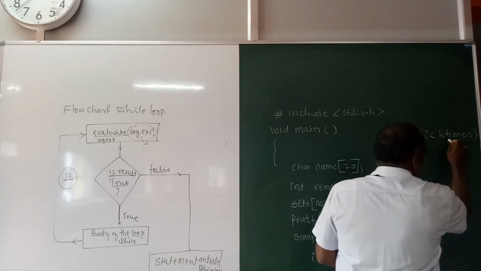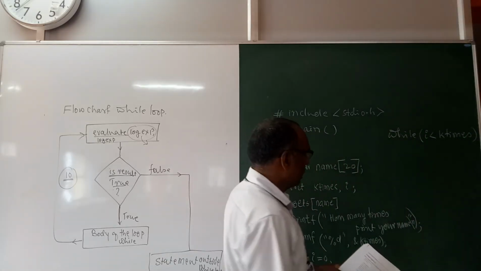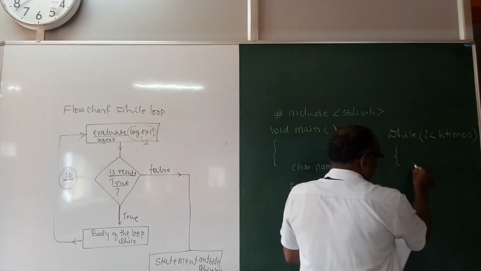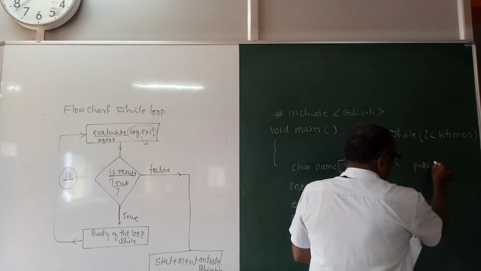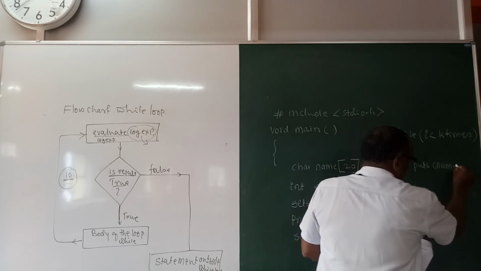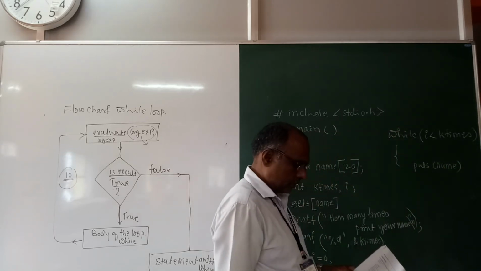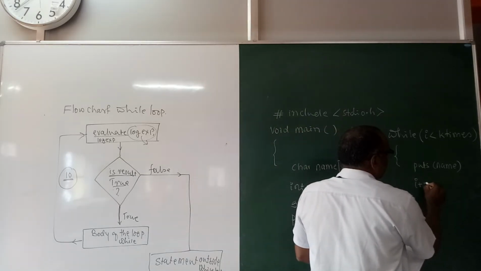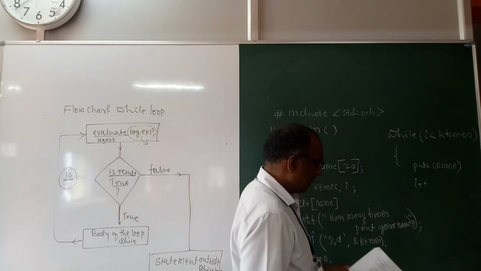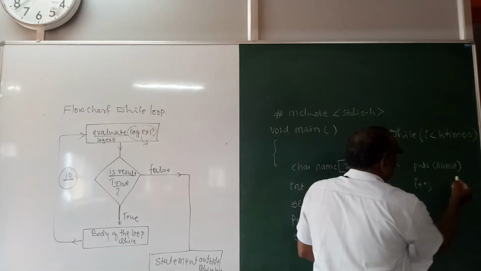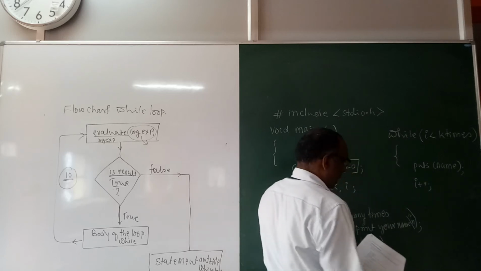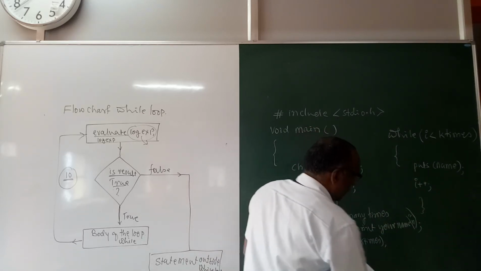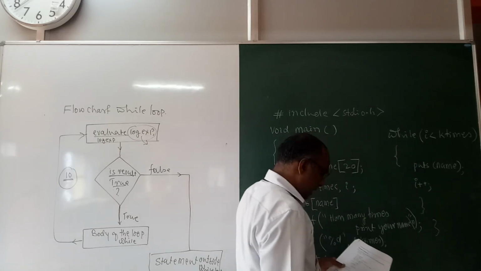This is the control of the while statement, and we have the parenthesis and then puts name, that is output. i is incremented here, i++, and this is the end of the while statement and the end of main.